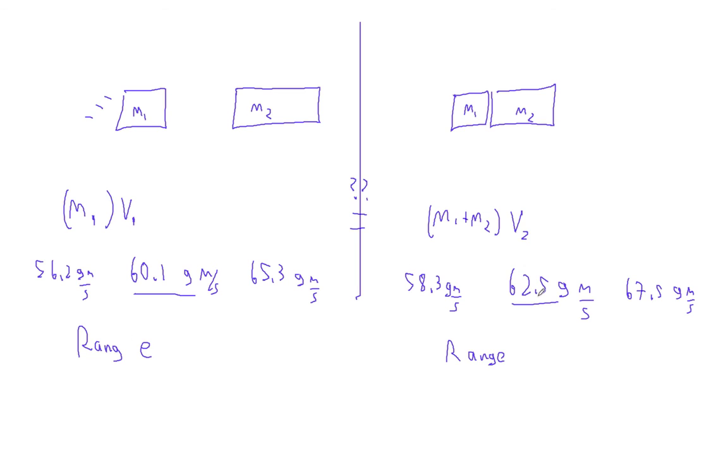If it doesn't overlap, then momentum was not conserved. If it does overlap, then we haven't proven that momentum is conserved. We've just simply shown that we haven't disproven conservation of momentum, and that's all we really can do. In science, scientific models make predictions, and those predictions cannot be proven, but they can be disproven.